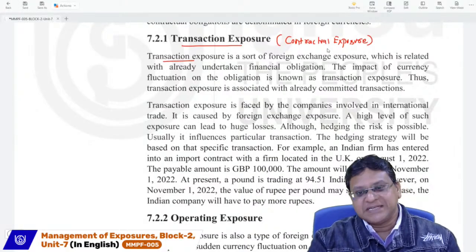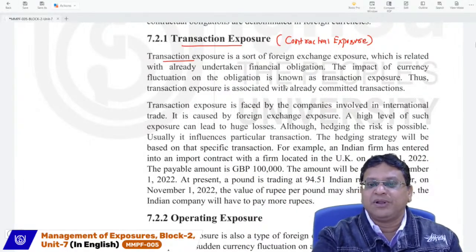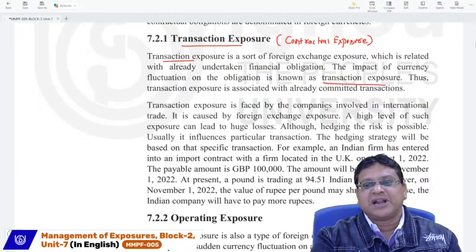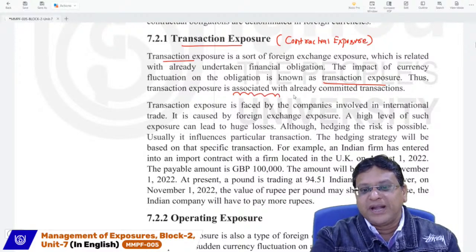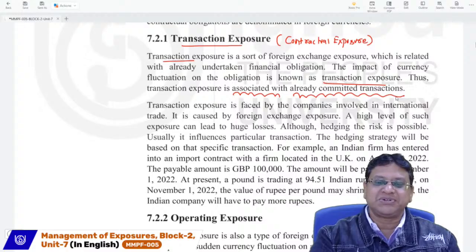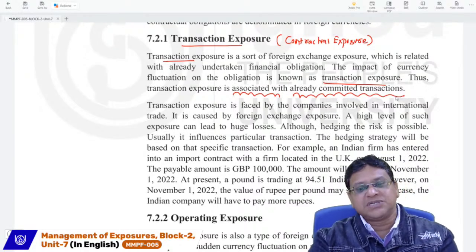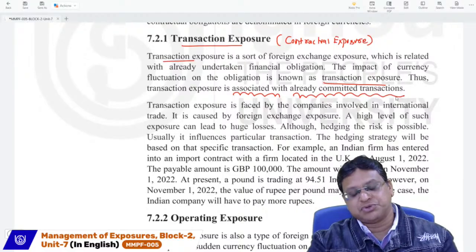by the MNC. The impact of currency fluctuation on the obligation which has already been taken is known as transaction exposure. Transaction exposure is associated with already committed transactions. What is an already committed transaction? Transactions which have already been incurred, which have already been agreed. Those types of transactions give you transaction exposure.